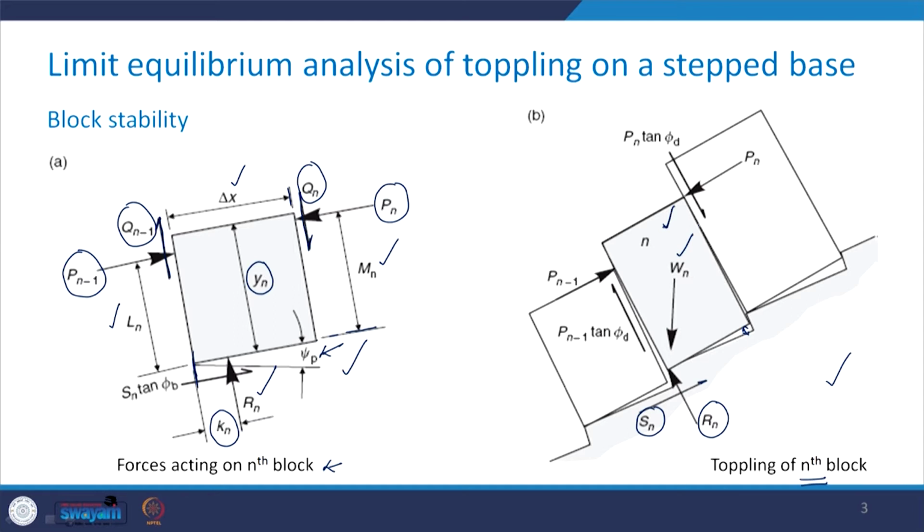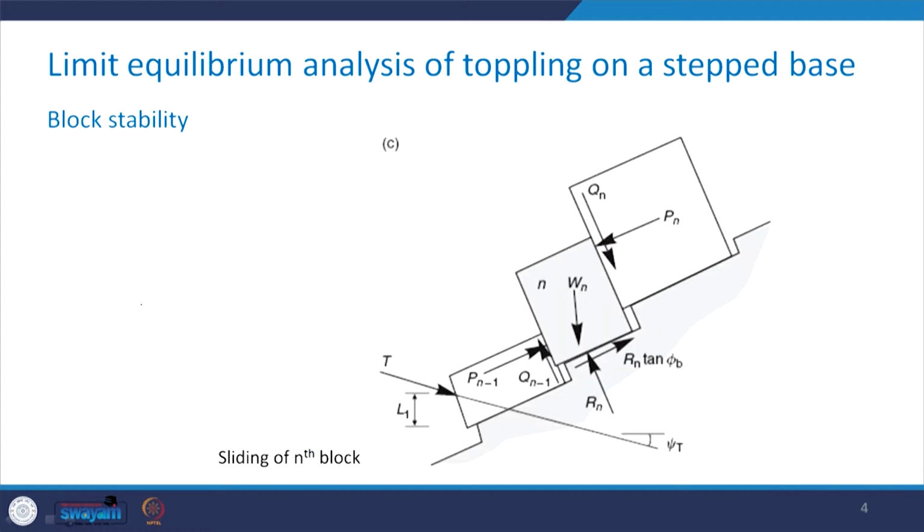The weight of the block is given by Wn, and the forces Pn and Pn minus 1 act in this particular plane at locations shown in this figure, given by Mn and Ln respectively.